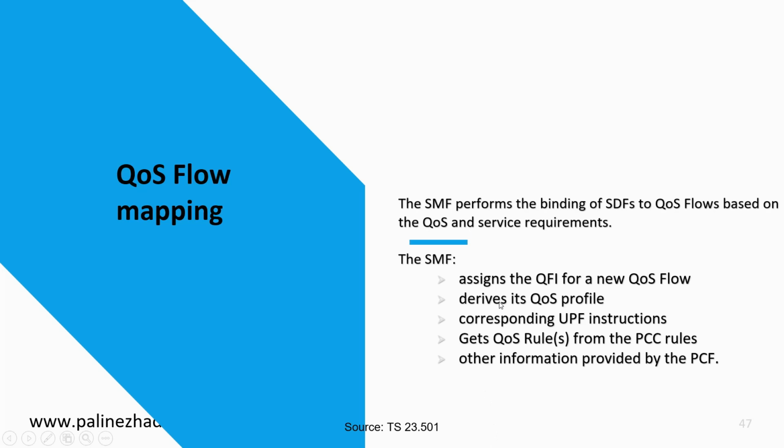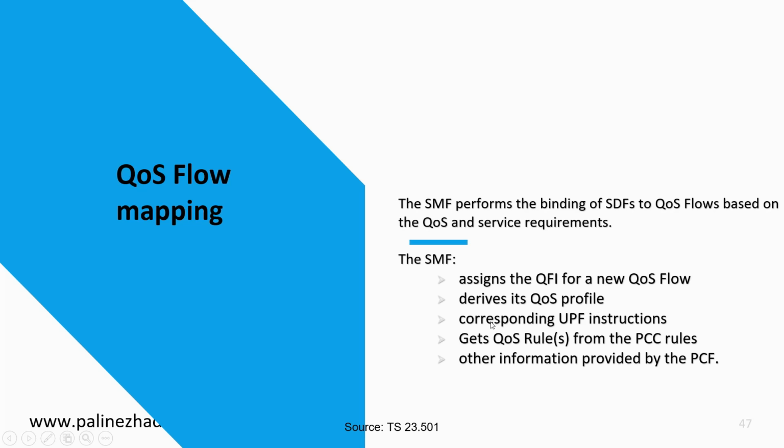The first one is that the SMF assigns the QFI for a new QoS flow. So it's the task of SMF to assign QFI for a new QoS flow. Based on the QFI, SMF derives its QoS profile.